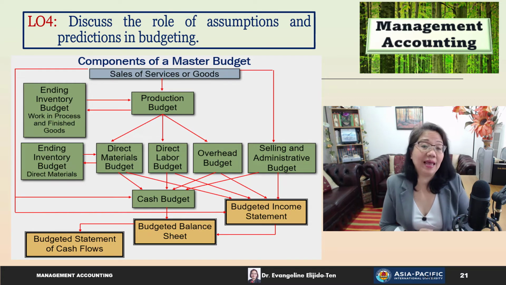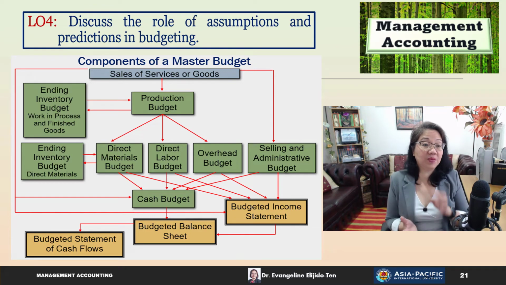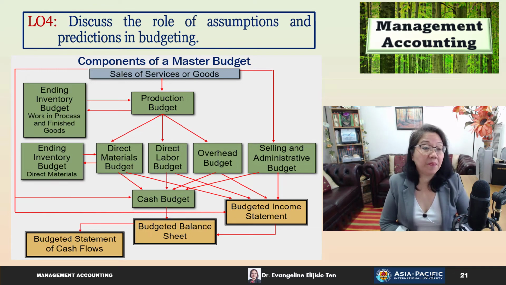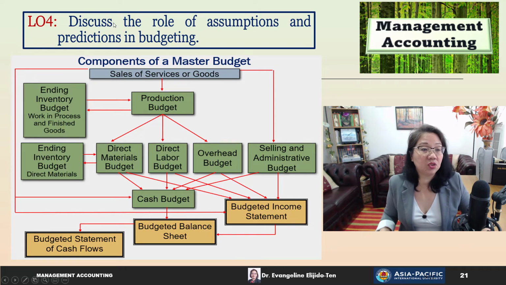So you can say that a financial planning model is really a set of mathematical expressions of all the relationships expressed in the master budget flow chart. In a fully developed financial planning model, all of the key estimates and assumptions are expressed as general mathematical relationships.